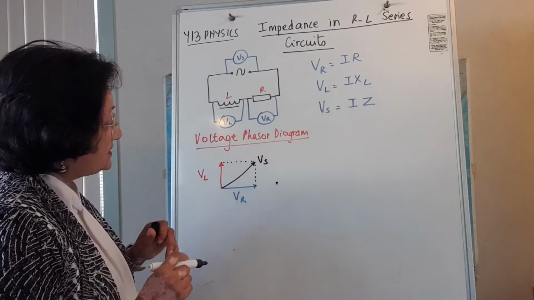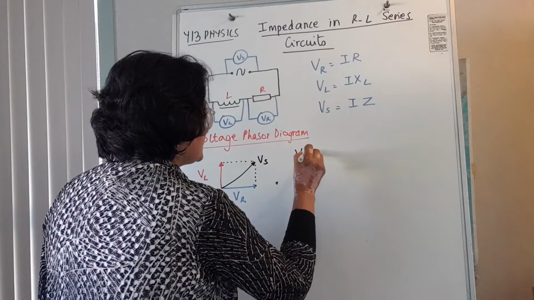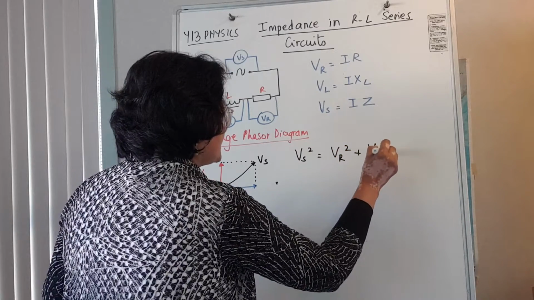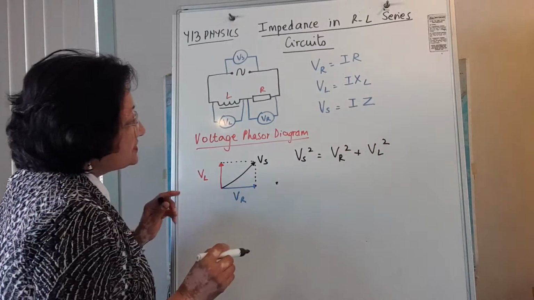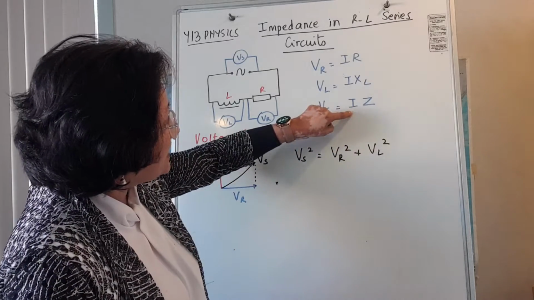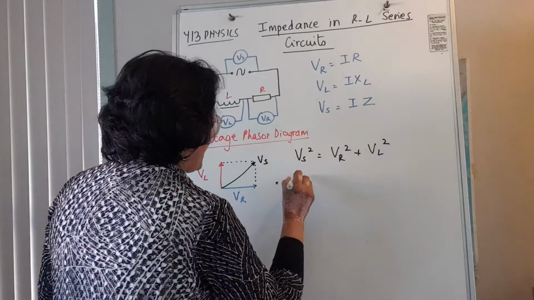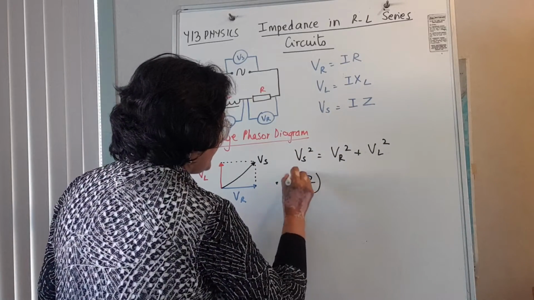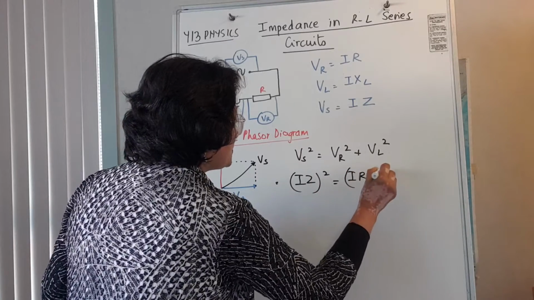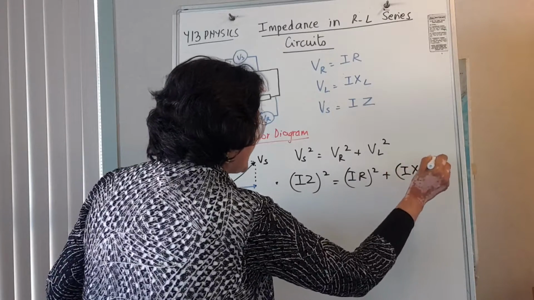Looking at this and applying Pythagoras' theorem, we can get Vs squared equals Vr squared plus Vl squared. Now if you substitute Vs, Vr and Vl with IZ, IR and IXL, then our equation becomes IZ squared equals IR squared plus IXL squared.